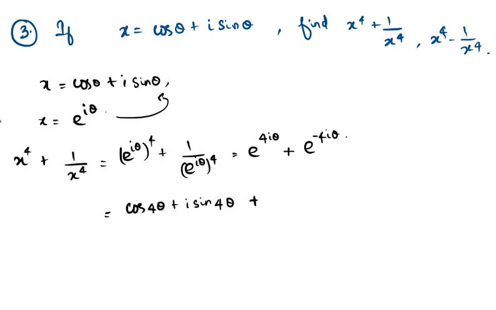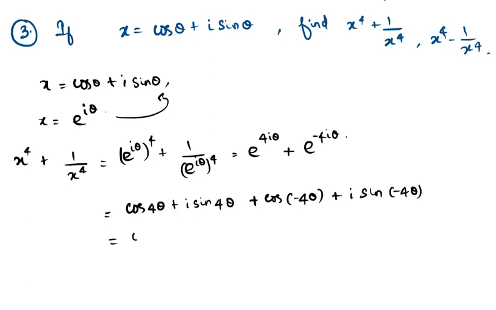And the same way, e power minus 4 I theta can be written as cos minus 4 theta plus I sin minus 4 theta, since here we have minus. So I'm writing it in this way.